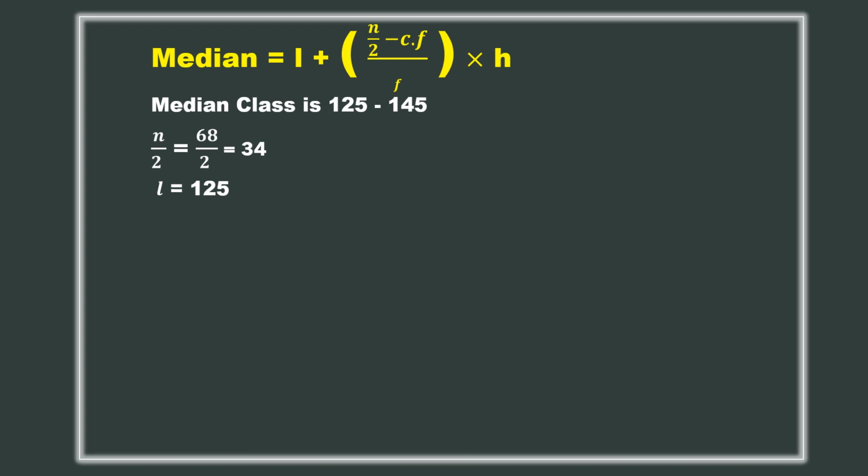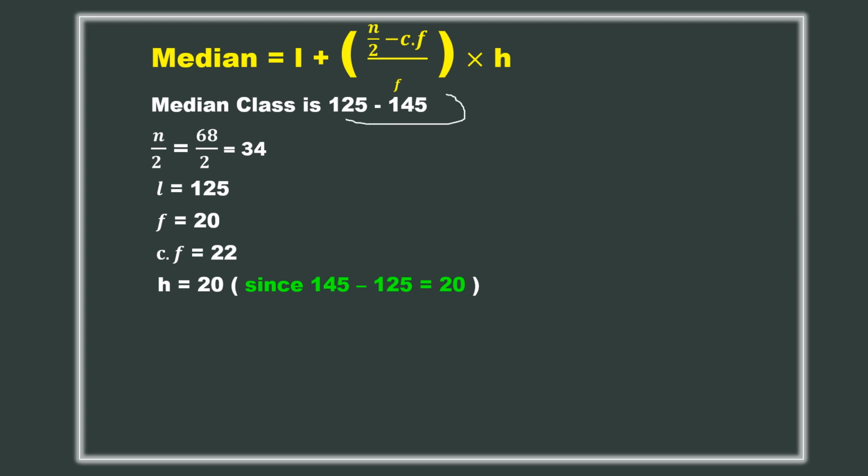Whatever median class you have, its lower limit is your L. That row's frequency is your F, which is 20. The previous CF is the cumulative frequency before the median class, which is 22. And H is 20, because you subtract the lower limit from the upper limit and you get 20.